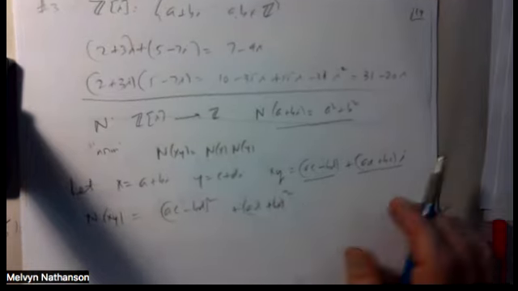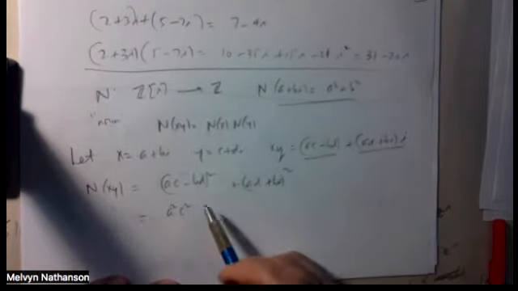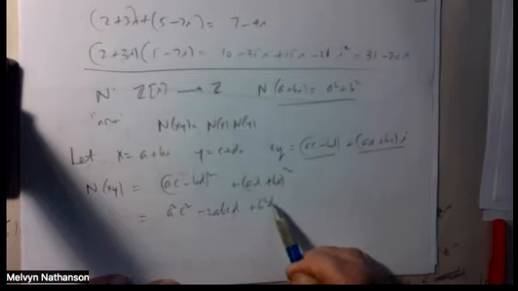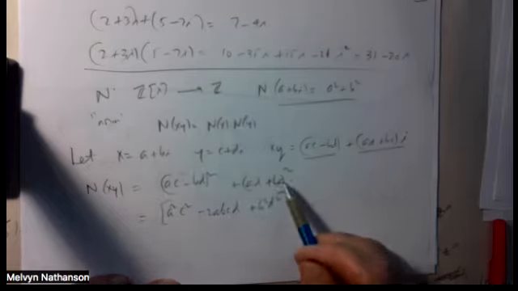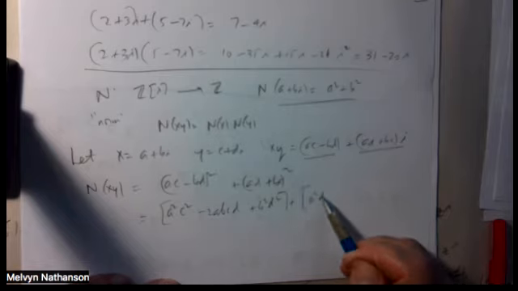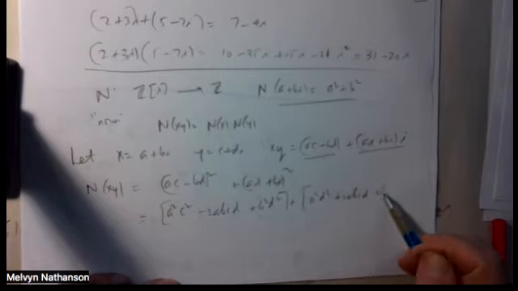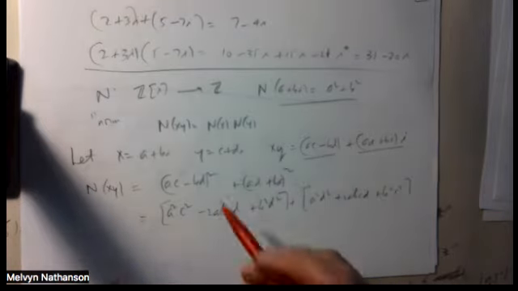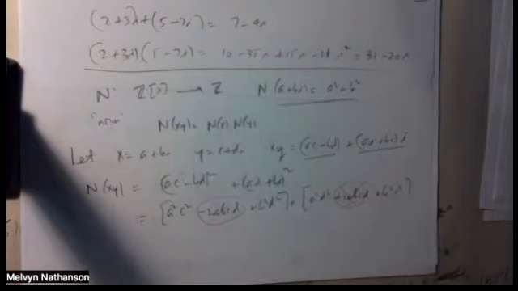So now we just do some high school algebra. This is a squared c squared minus 2abcd plus b squared d squared. That's the first term. And this is a squared d squared plus 2abcd plus b squared c squared. And you'll see that the minus 2abcd and plus 2abcd cancel.